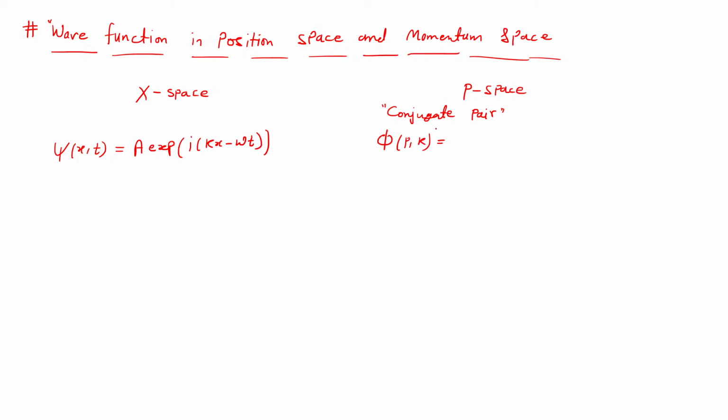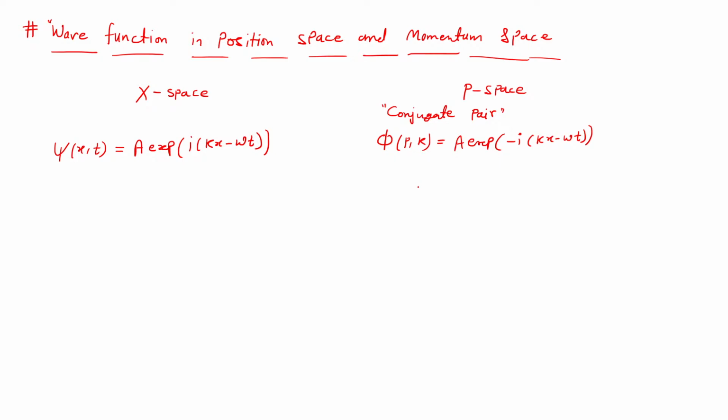So now this is basically the conjugate pair. Here, if we have i, it will turn out to be its conjugate pair. So we can have an exponential of minus i, kx, and omega t. We can keep this as it is right now, and now we have to convert into p and E form. How to do that?